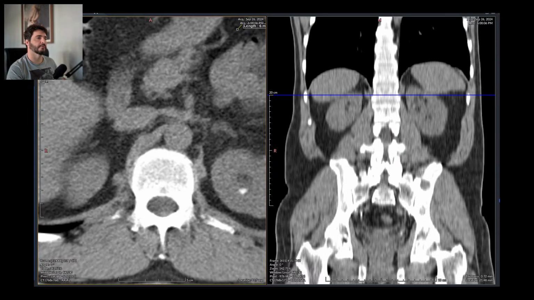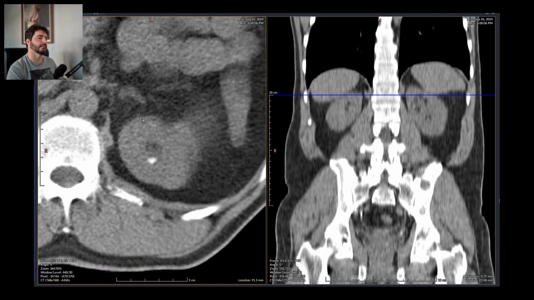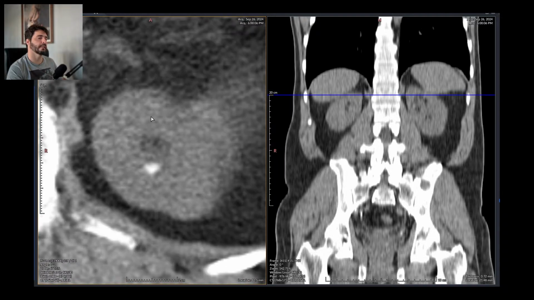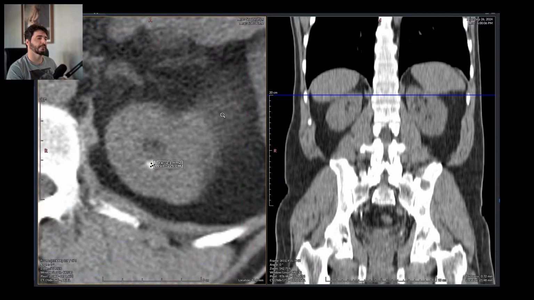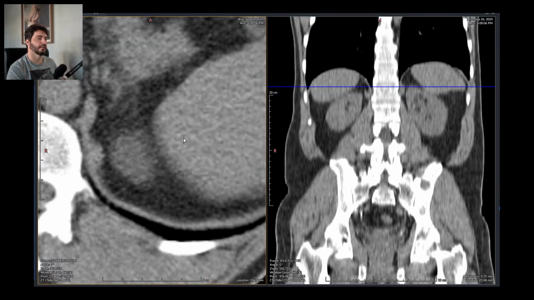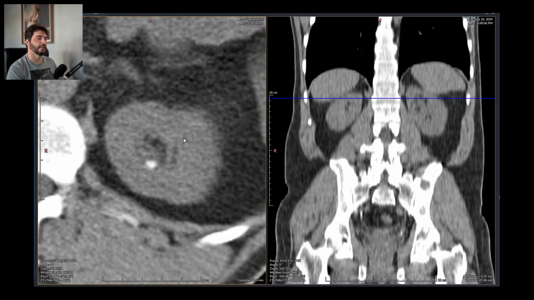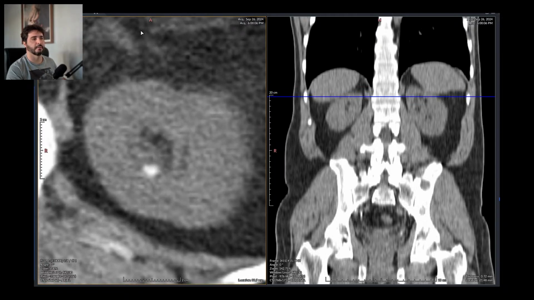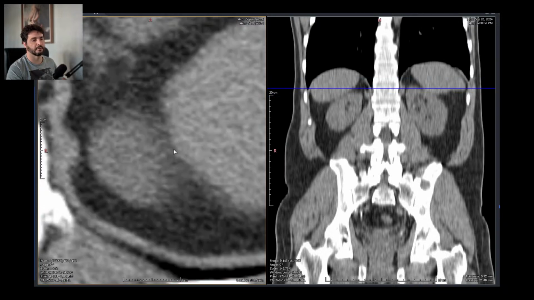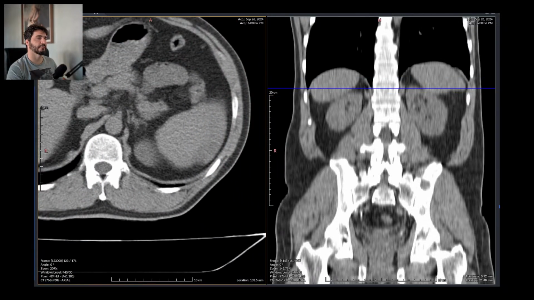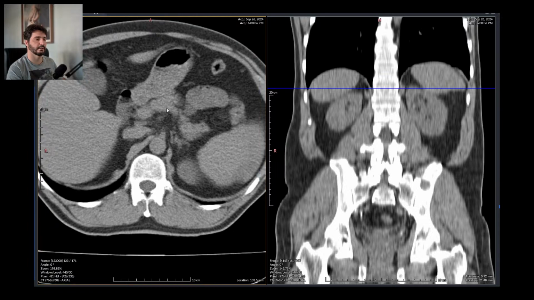And I'm going to zoom in to measure its attenuation to see how hard it is. It looks not that hard. 225. This is probably due to the bad quality of this exam. It's around 200 Hounsfield units, not much, kind of soft.